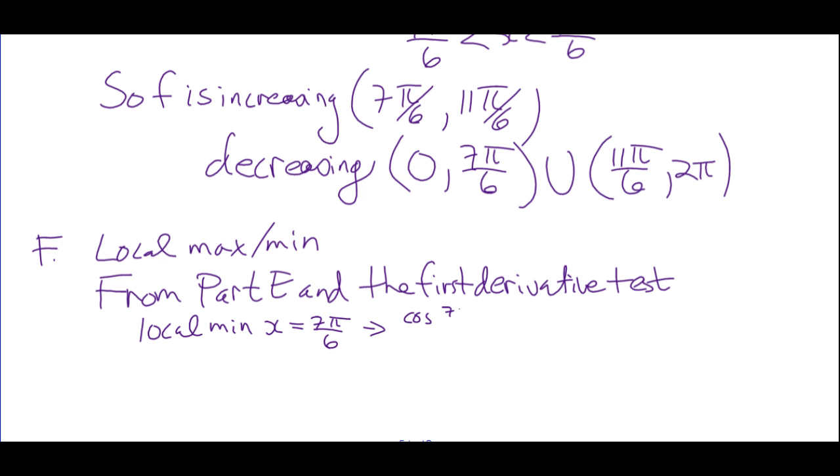So that's the cosine of 7 pi over 6 over 2 plus the sine of 7 pi over 6. The cosine of 7 pi over 6, where is that? That's quadrant 3. Cosine is negative, so it's going to be negative root 3 over 2, over 2, and we already know sine is minus a half, because that's where we figured out where the minus a halves are.